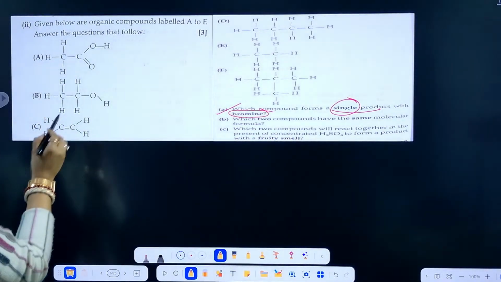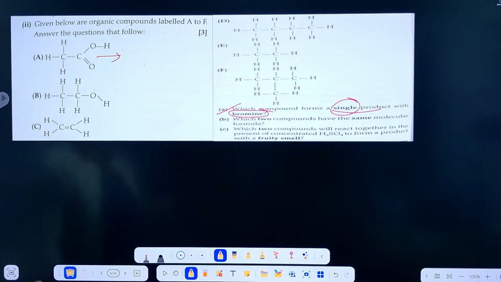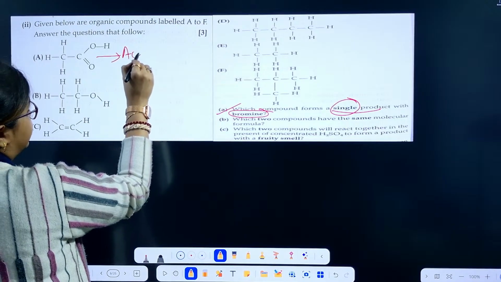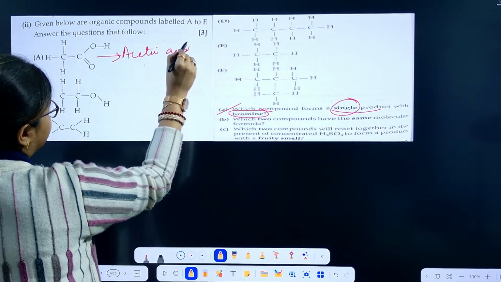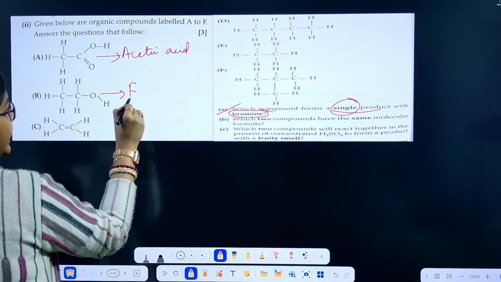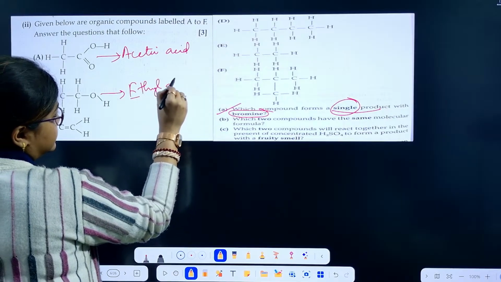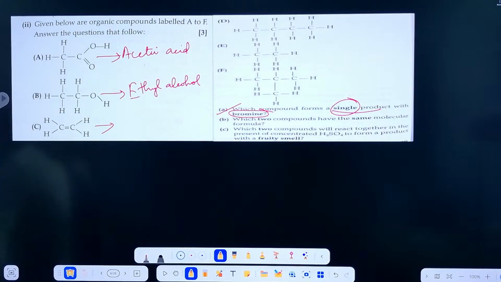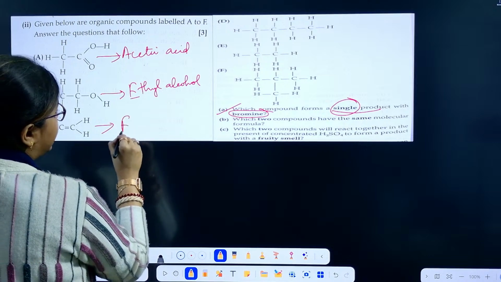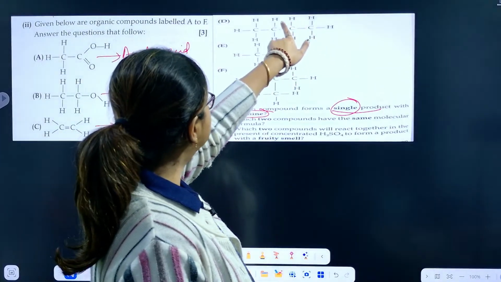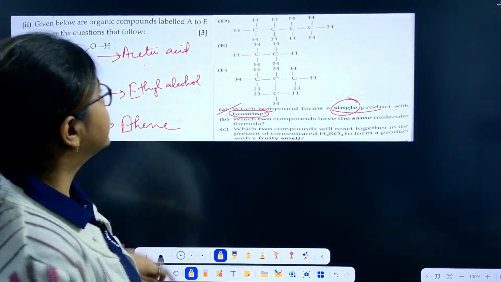So what are the compounds? This is a carboxylic acid, CH3COOH, acetic acid, right? This is CH3CH2OH, ethyl alcohol. This is a double bond, CH2=CH2, ethene. Next is 1, 2, 3, 4, that means butane.